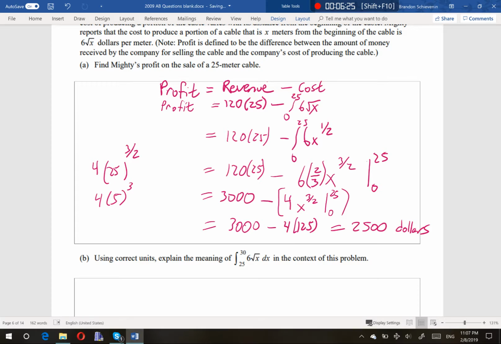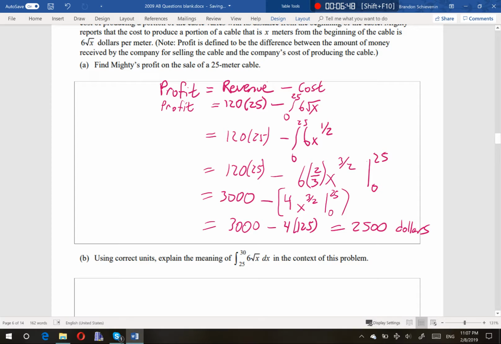And then if I cube 5, I'll get 4 times 125. 4 times 125 is 500. So 3,000 minus 500 is 2,500. Okay, good questions.